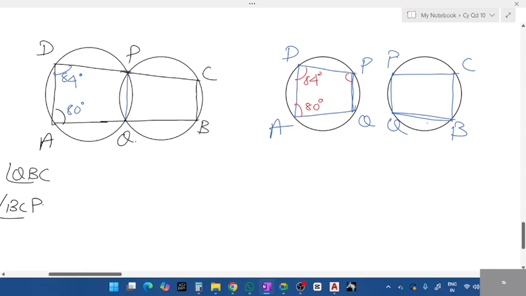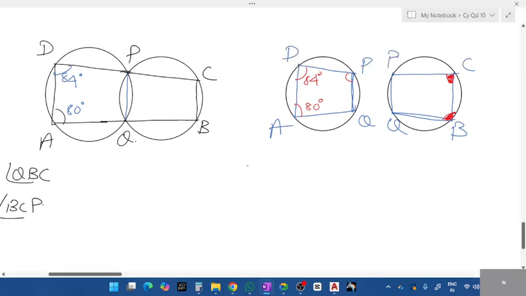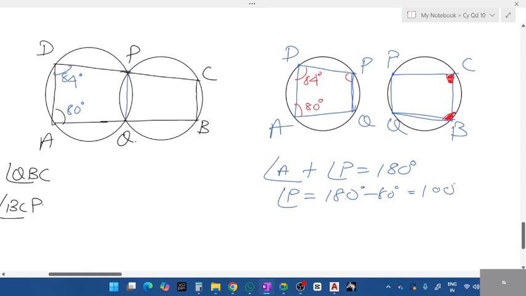QBC, this angle, and BCP, this one. See, separate that angle. It's a simple question. What is angle P, students? Angle A plus angle P should be equal to 180. Therefore, angle P is equal to 180 minus 80, which is 100 degrees. What about angle Q?